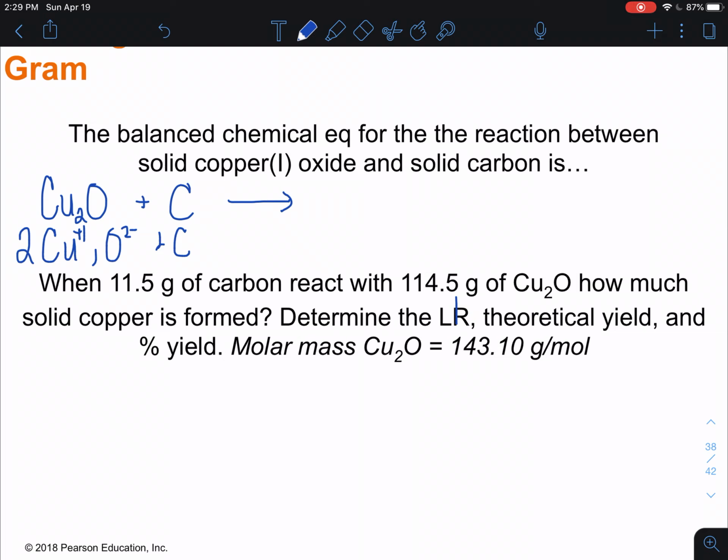So the only thing that can happen is this is a single displacement reaction, where carbon is going to replace copper.